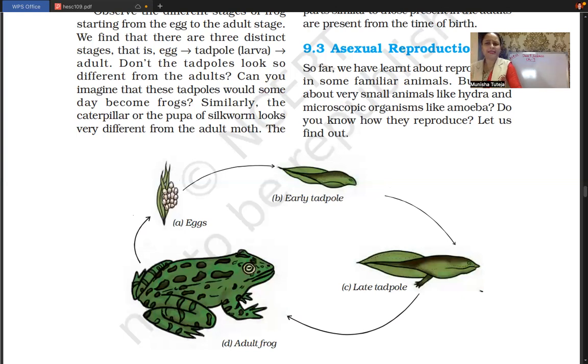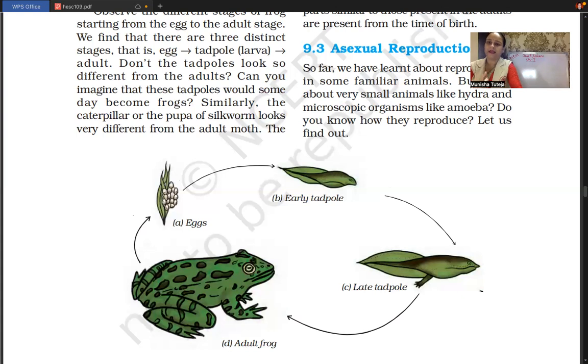How can you define asexual reproduction? It is simply the mode of reproduction which does not require two parents. It can be possible with a single parent to produce a young one. This mode of reproduction is known as asexual reproduction. So here, two parents are not required.